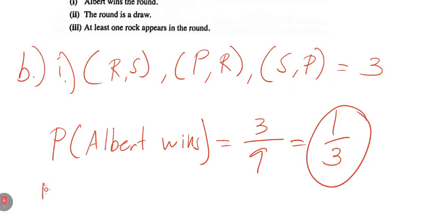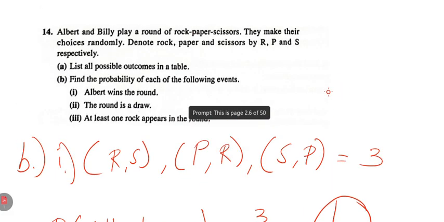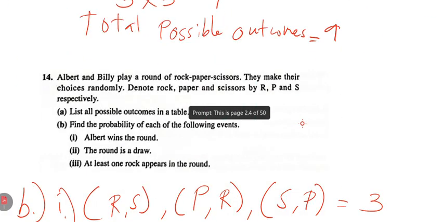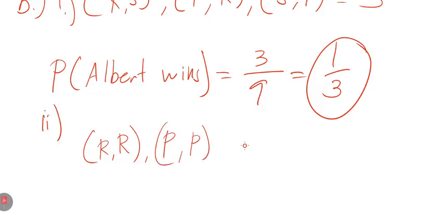Now the second one, B, is that the round is a draw. Let's look at the figure. When it's a draw, we have paper and paper, rock and rock, and scissors and scissors. So that's a total of 3.